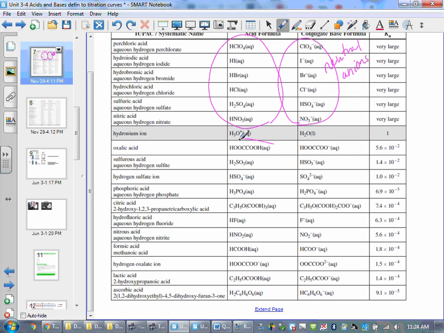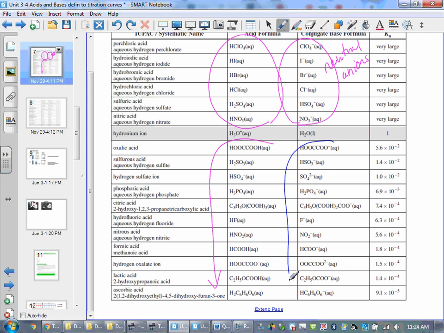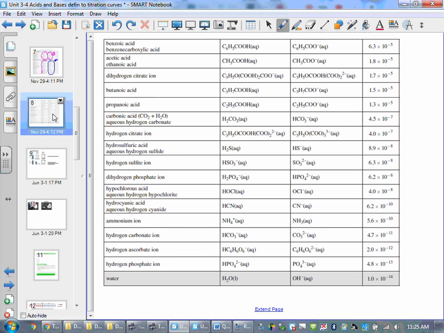We've got a whole list of weak acids. And then last class we looked at this list, our right-hand list. What are these ones? Bases. These are all of our weak bases. And if you look, I think acetate's in there.